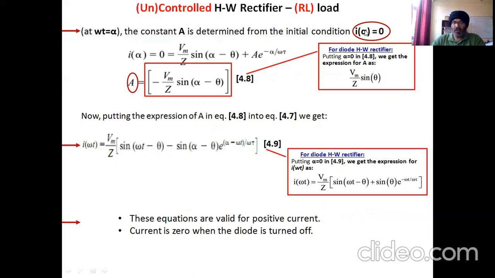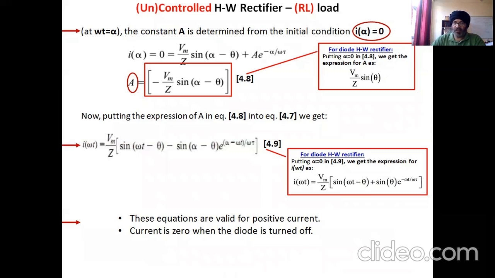we put angle alpha. At omega t equal to alpha, the thyristor starts conducting. From there, initially no current was there, because only after angle alpha does the current start to develop. Before that, it was 0.